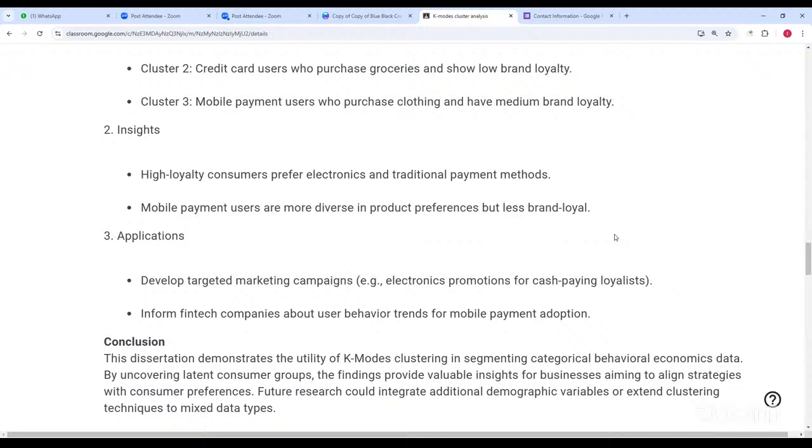Applications: develop targeted marketing campaigns, namely electronics promotions for cash payment loyalties. They will motivate you for this high range, and they will tell you not to worry because an EMI system is there. And business people know very much about EMI.